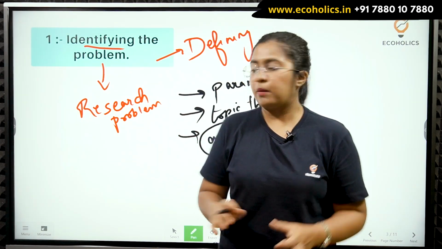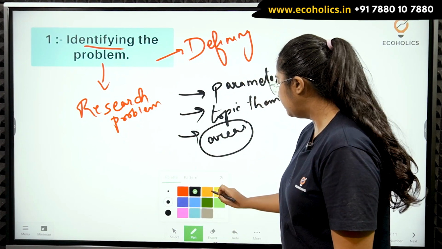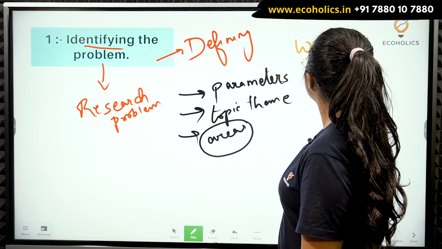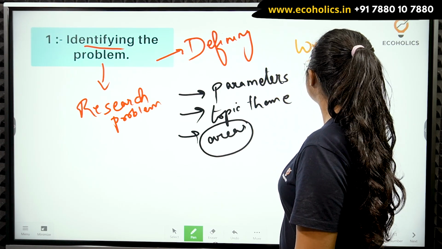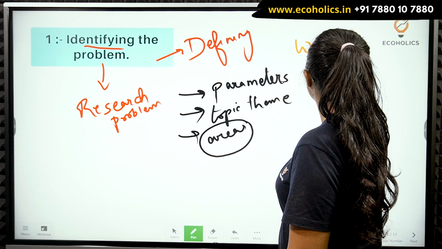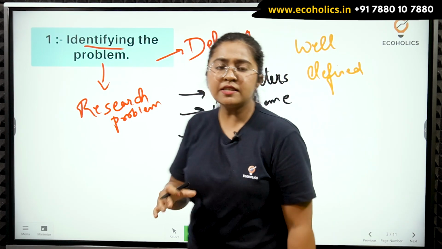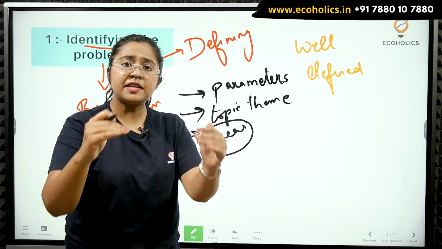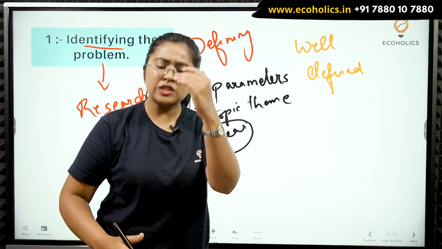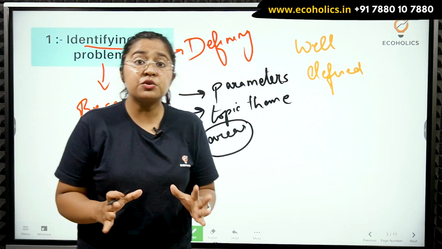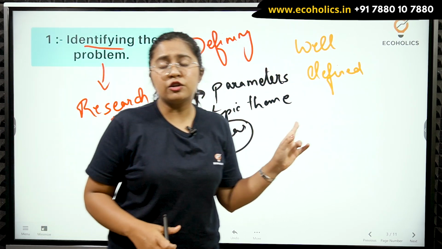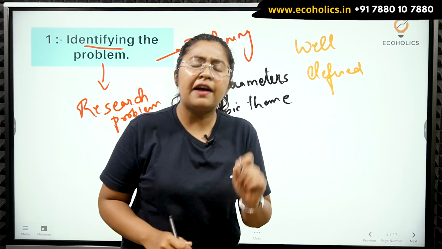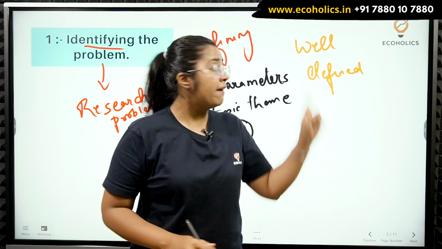So the research problem always should be well defined, because it is the first stage of your research process, the stage from which you're going to start building your research. Which is why the first stage of defining the problem should be well defined.